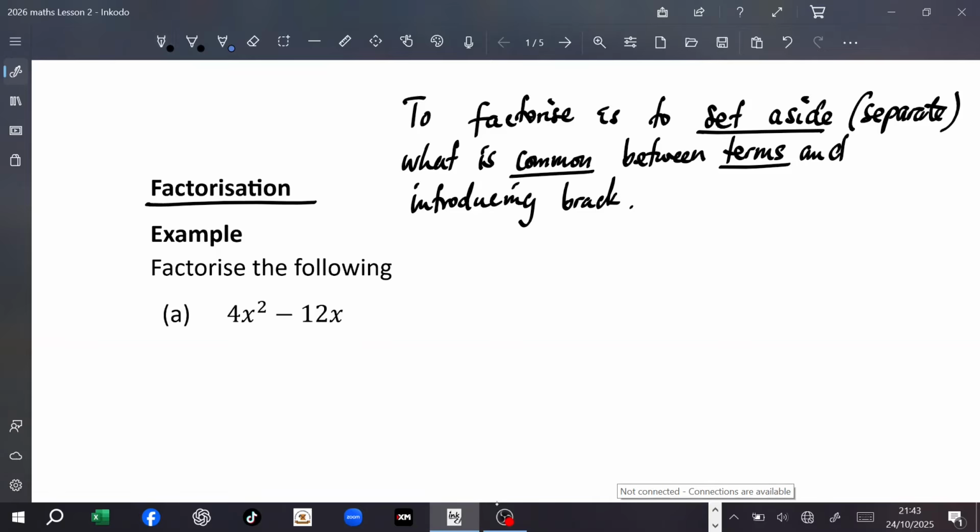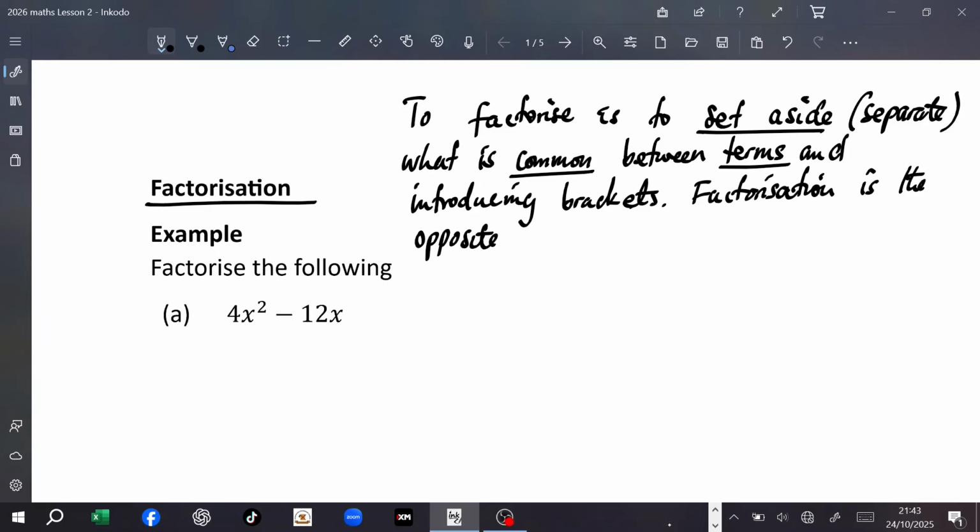So in other words, factorization is the opposite of expansion.